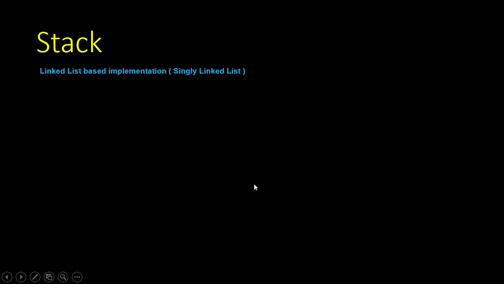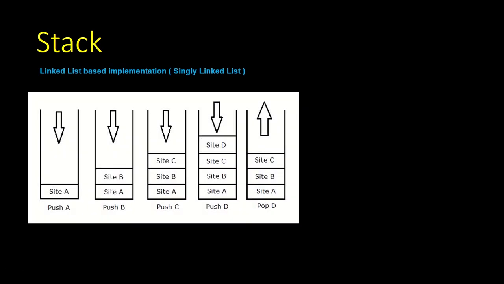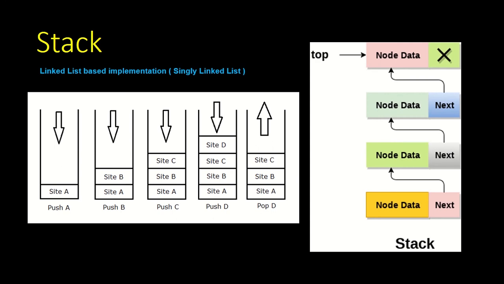In the linked list based implementation, using the linked list, it also follows the same push. It's just that the top part of the stack is also the top node or the tail node of the stack, and the first node that was pushed is what you call the head node.